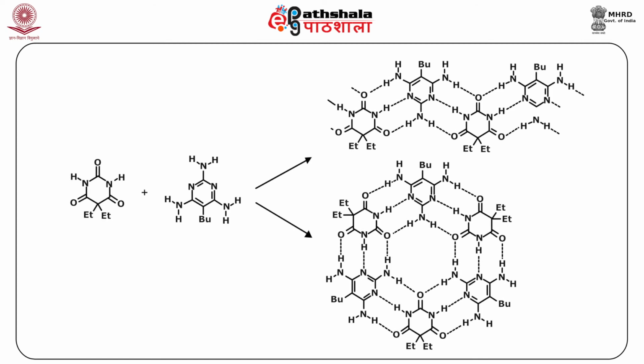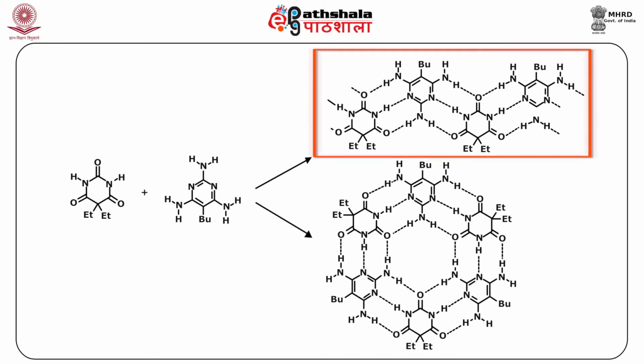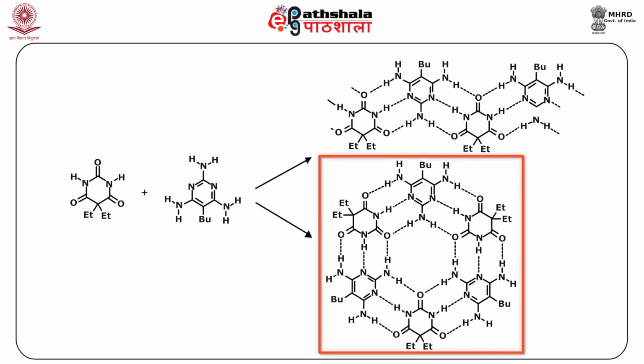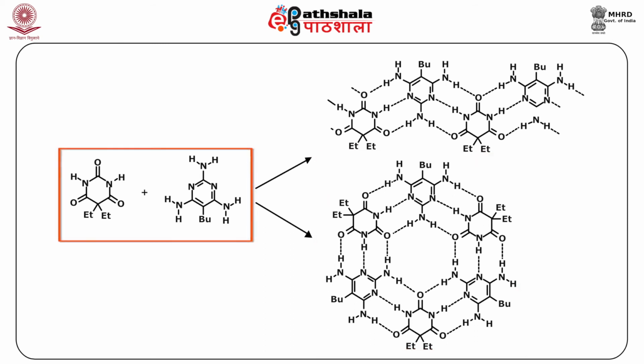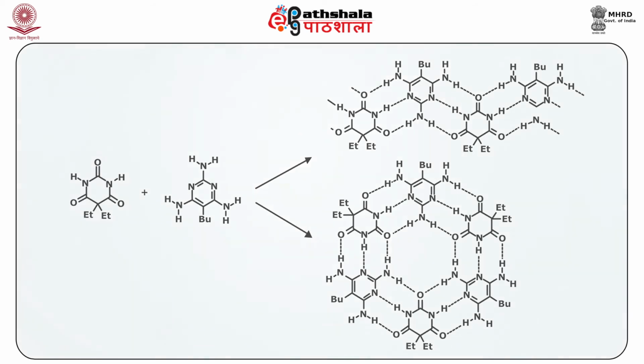Next figure shows you the self-assembly of either a supramolecular ribbon, that is right at the top, or the supramolecular macrocycle, which is at the bottom, from barbituric acid and 2,4,6-triaminopyrimidine units.